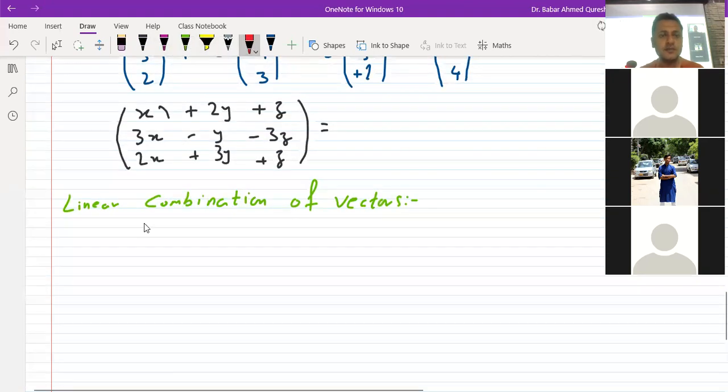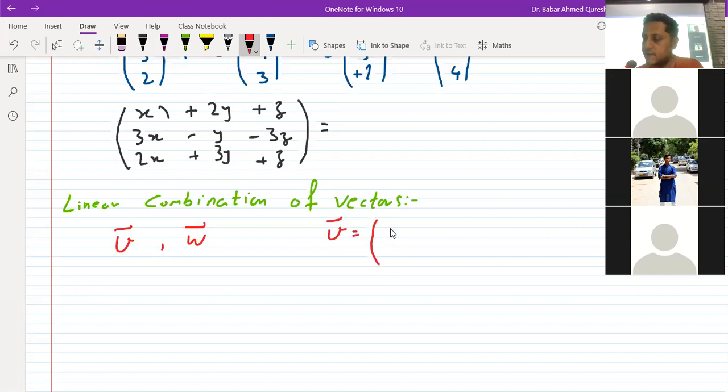So if you have two vectors, V and W, let me give them some example values as well. So let's take V as 2, 3 and W as -1, 2. I can multiply each one of them by a number.